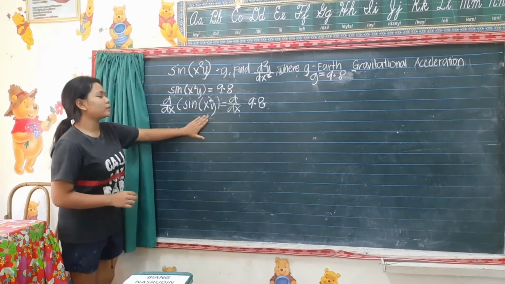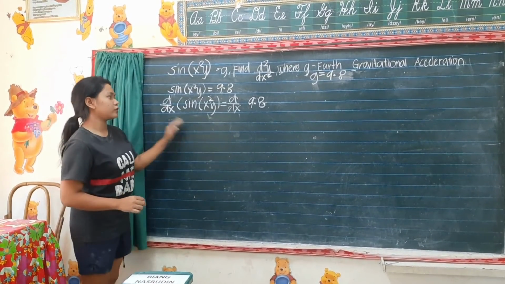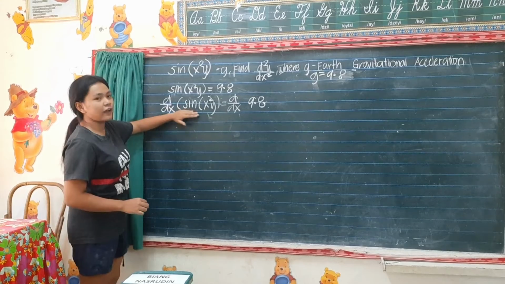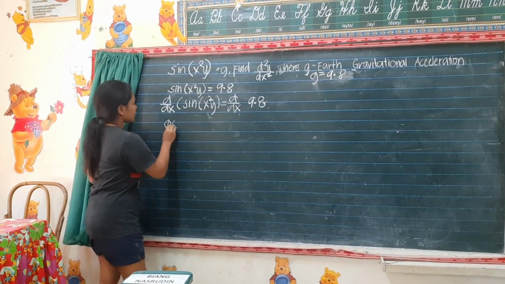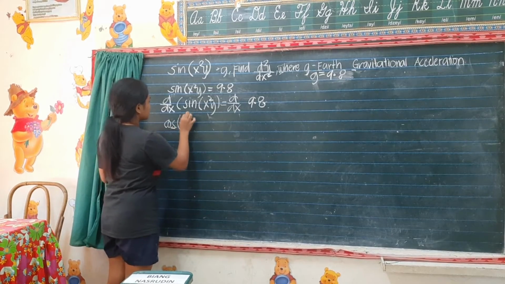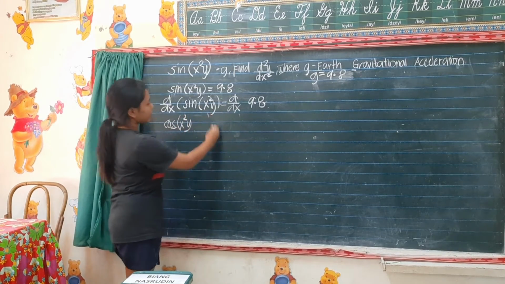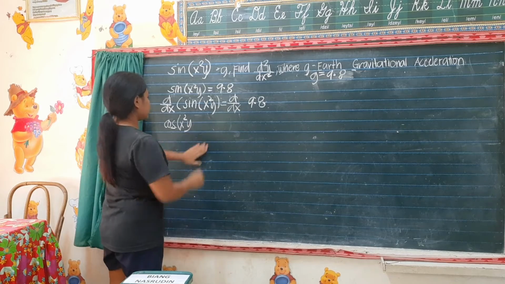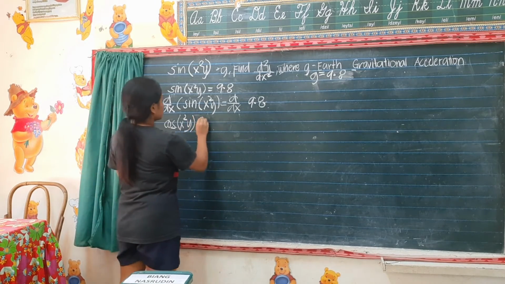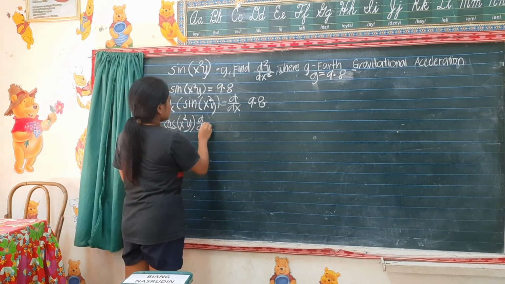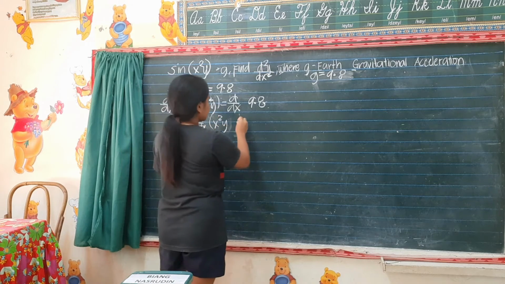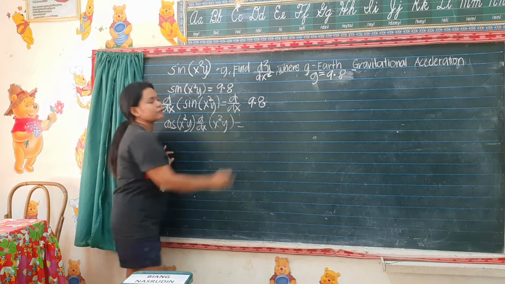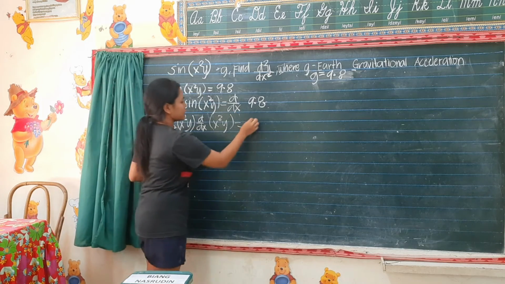So we have two variables and we need to use the chain rule. So we need to differentiate sin. The derivative of sin is equal to cos. Then copy x squared y. Then multiply x squared y by the derivative, which is d over dx of x squared y. The derivative of 9.8 is equal to 0.